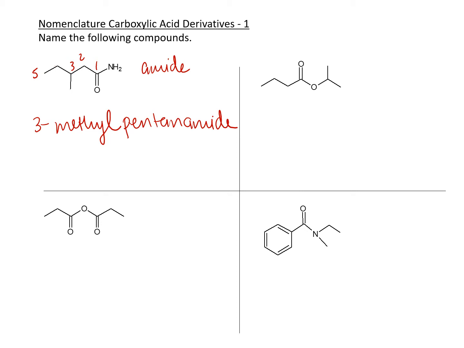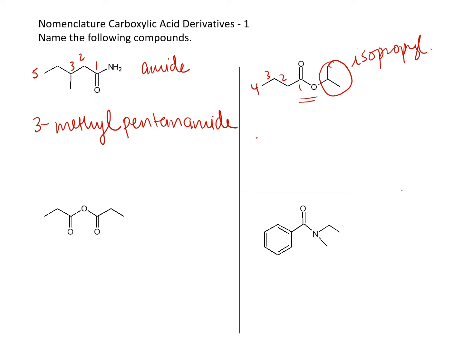Okay, the next one that I'm looking at now is an ester. In the case of the ester, whatever is attached to the oxygen is named first, and this is the isopropyl group. So that's going to be named first, and my base is going to be the one that is the carbonyl. So 1, 2, 3, 4. So a 4-carbon chain is going to be my base.